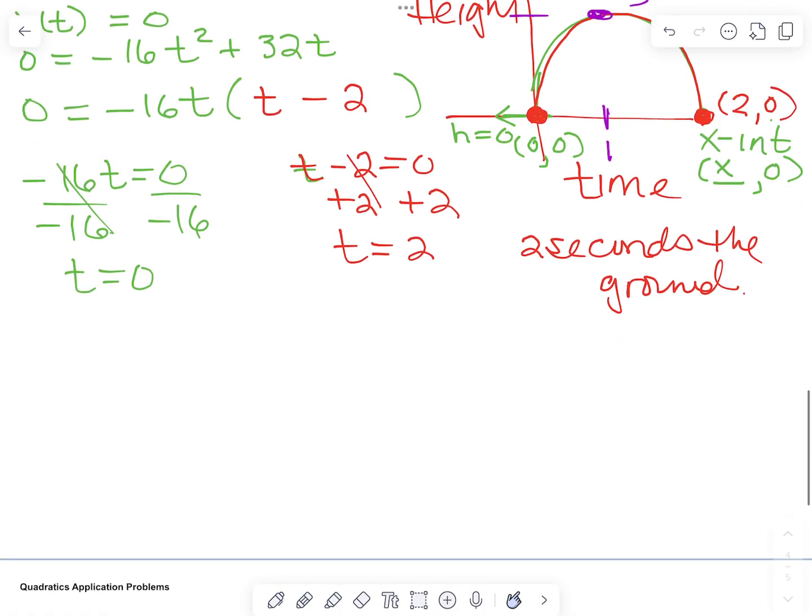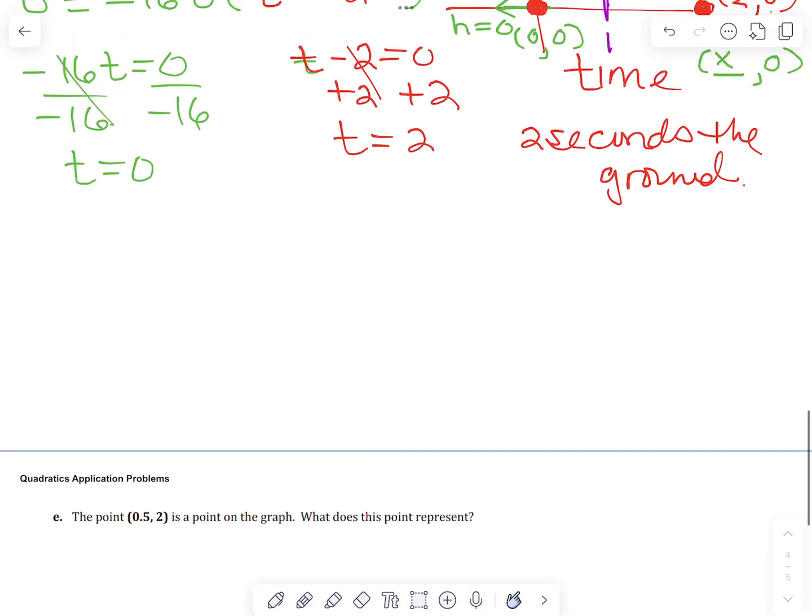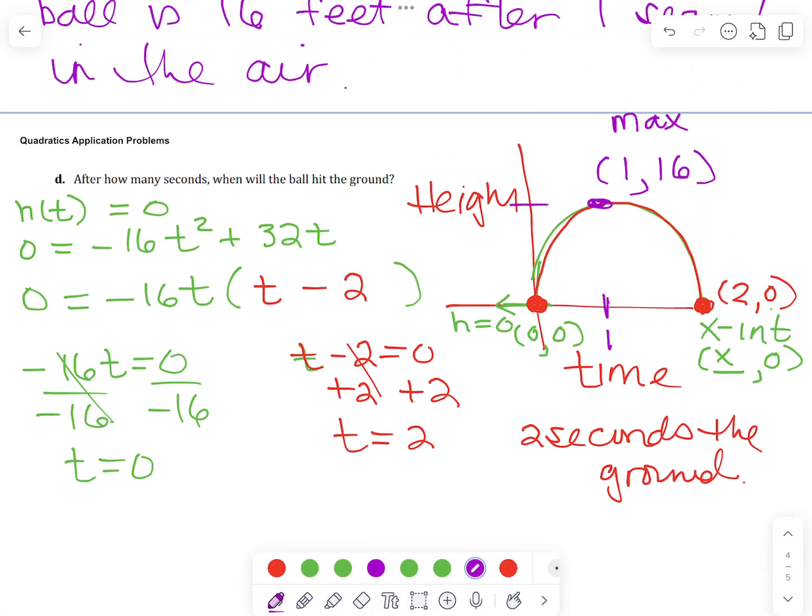All right. The next part says the point (0.5, 2) is a point on the graph. What does this represent? So since I've already been sketching that graph, after 0.5, so here's 0.5, we are up at 2. So 0.5, comma 2, what does that mean? That's saying that after a half of a second, the ball will be 2 feet in the air.